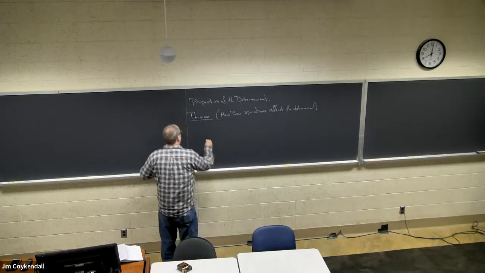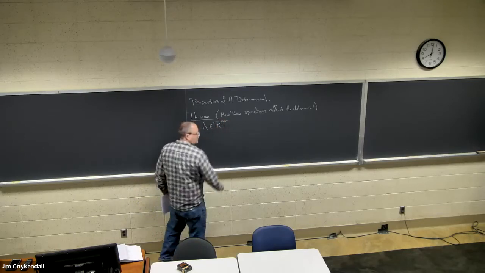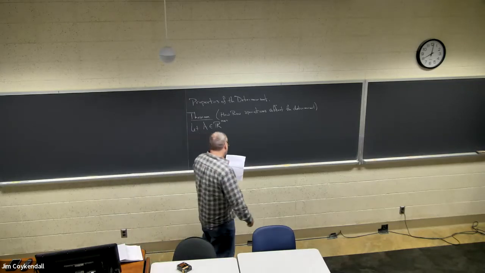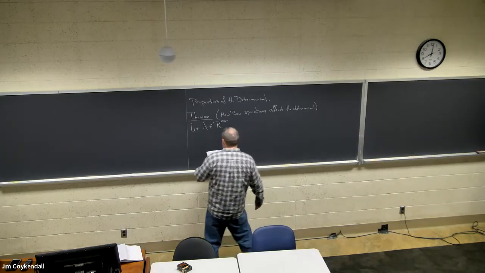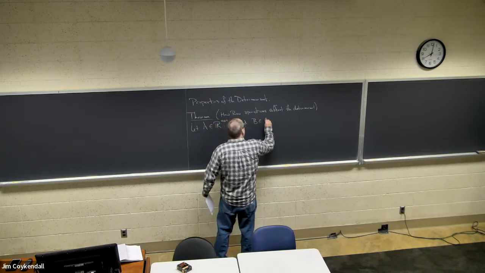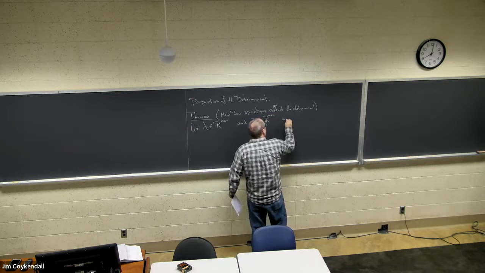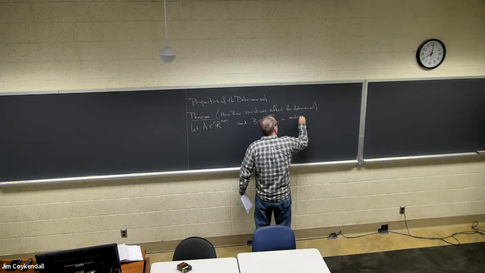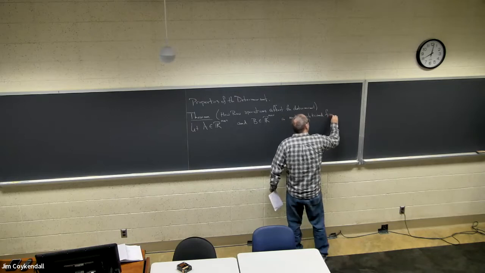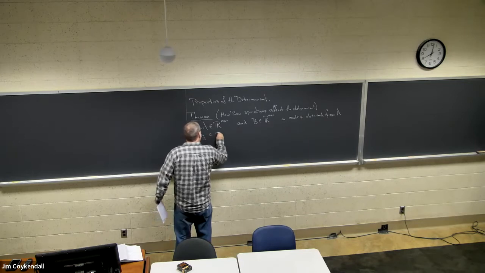Let's look at A. Once again, we're talking about a square matrix, and we obtain the determinant under row operations.